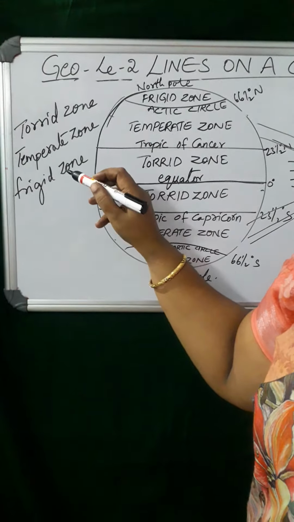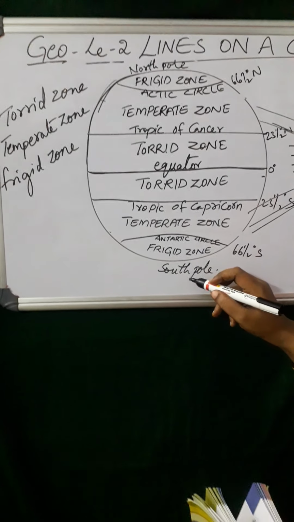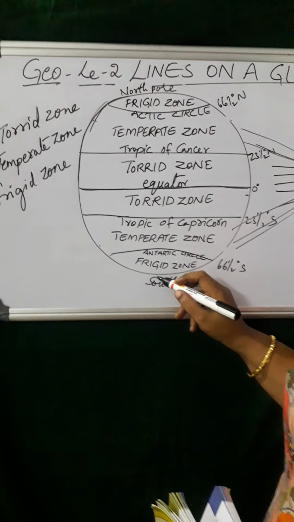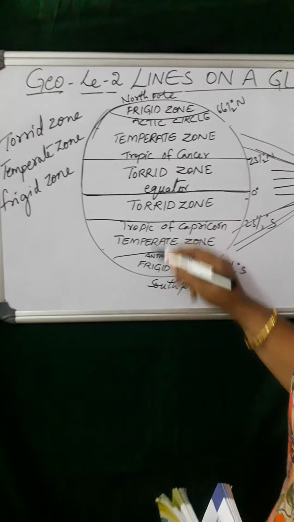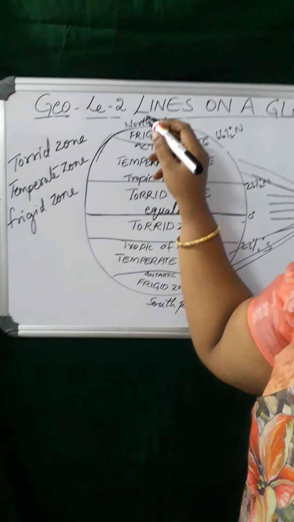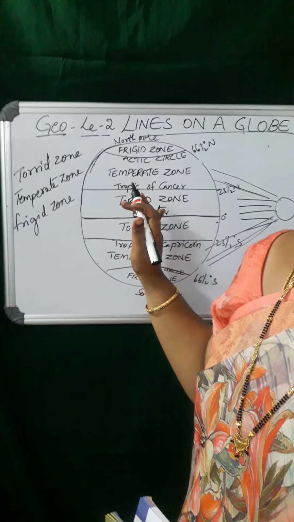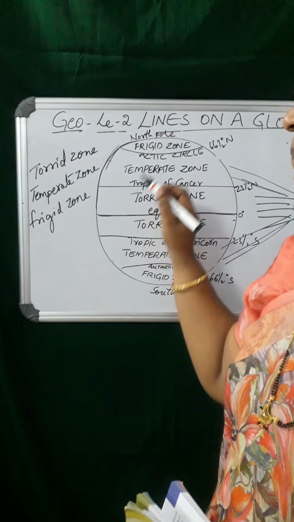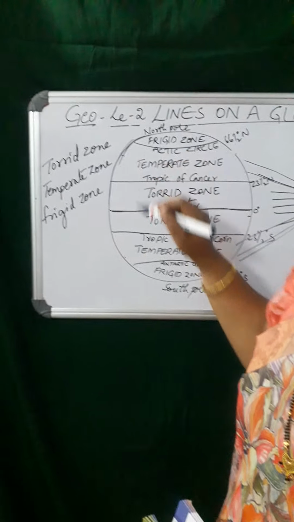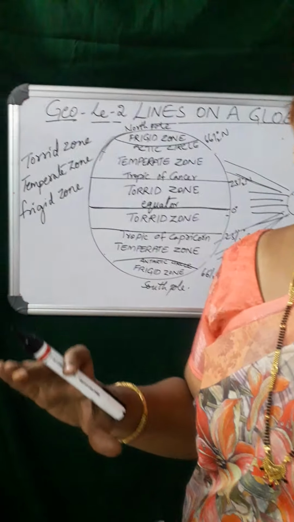When we go to the frigid zone, from the Arctic Circle to the North Pole is the frigid zone, and from the Antarctic Circle to the South Pole is the frigid zone. These places are located near the poles and the climate is very cool. You already learned before, children, that places near the poles experience a very cool climate.